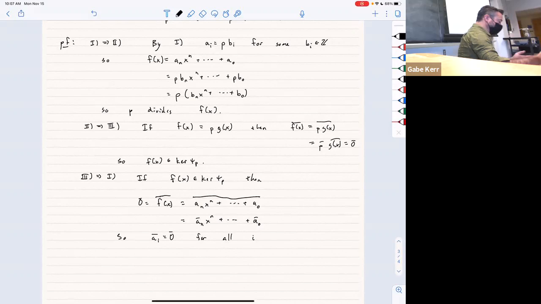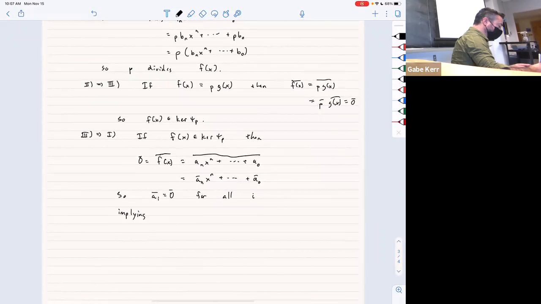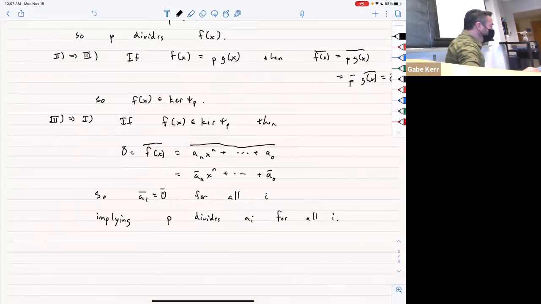Each a_i bar, this is mod p. That means that p divides all a_i. That's it.